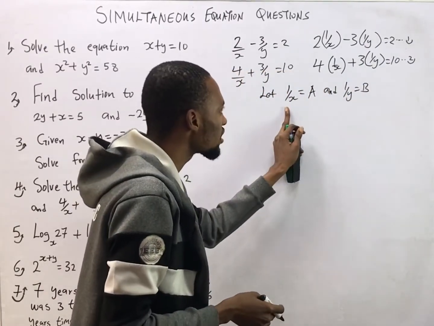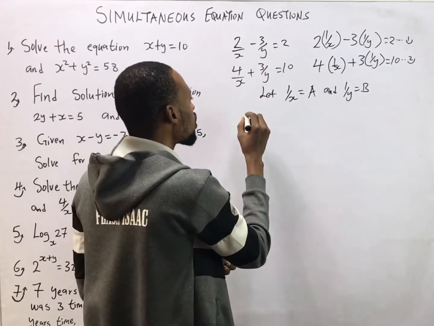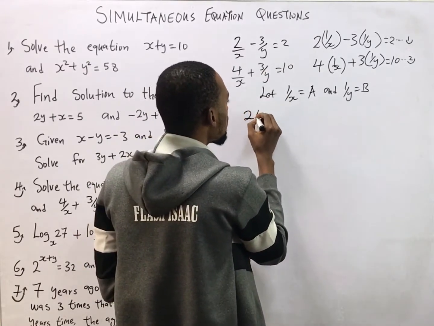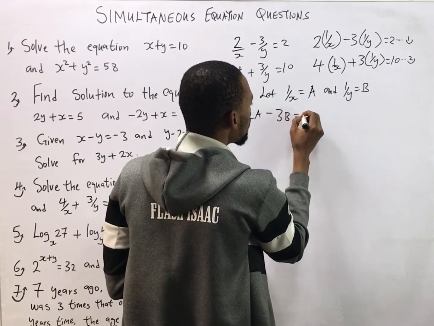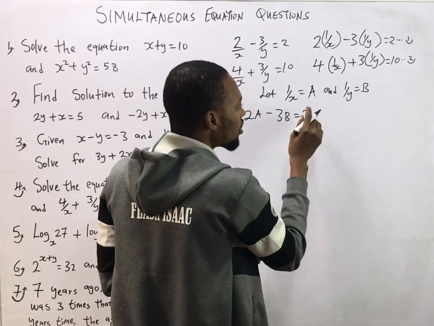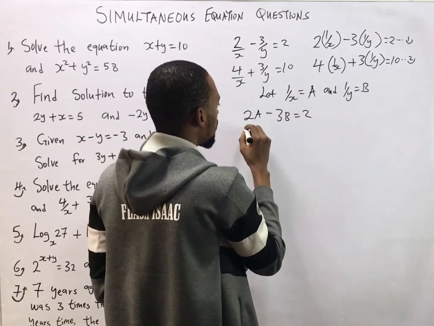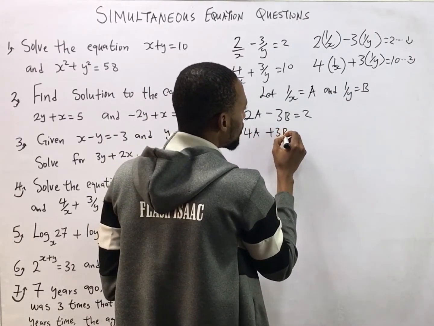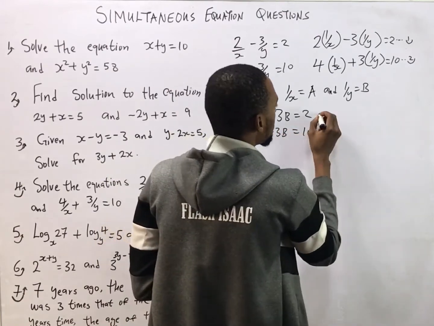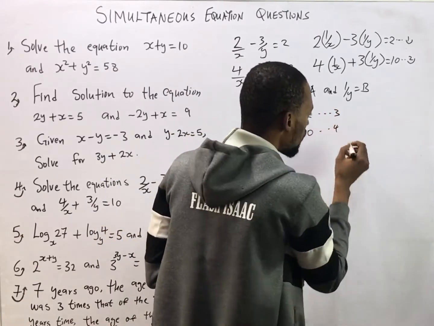If we agree on this, equation 1 becomes 2a minus 3b is equal to 2. Equation 2 becomes 4a plus 3b is equal to 10. So you can call these equation 3 and equation 4.